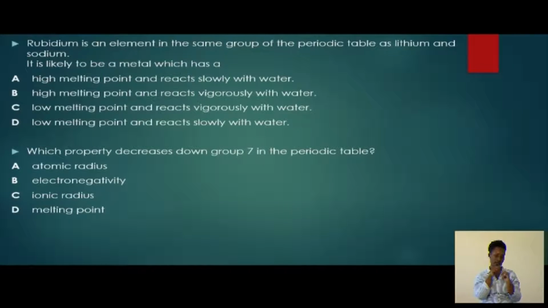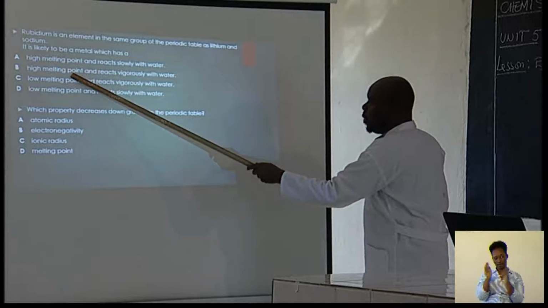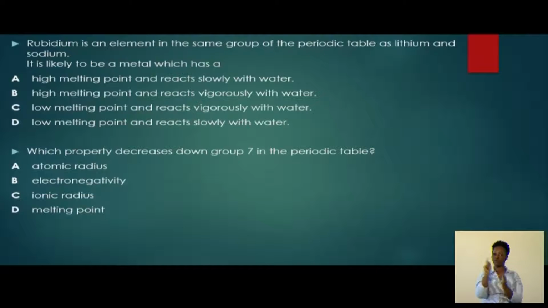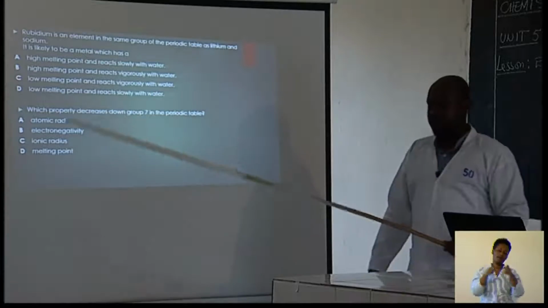So suggestion A and B with high melting point, they are wrong. So rubidium has a lower melting point than either sodium or lithium. We know that. And after the melting point, what happens with the reaction?